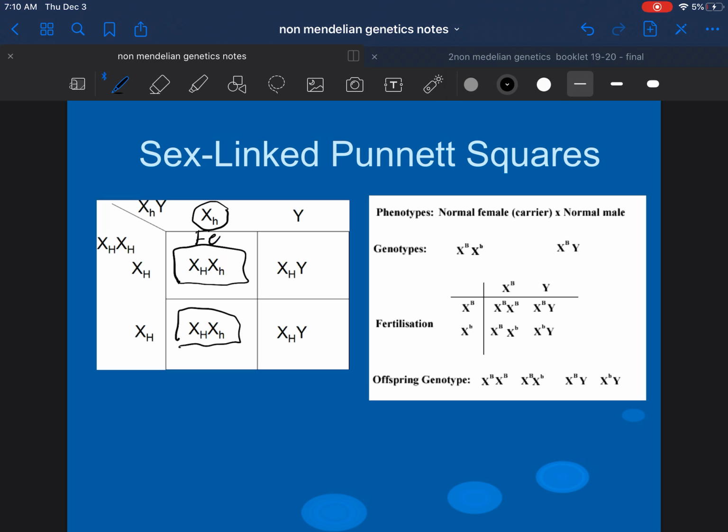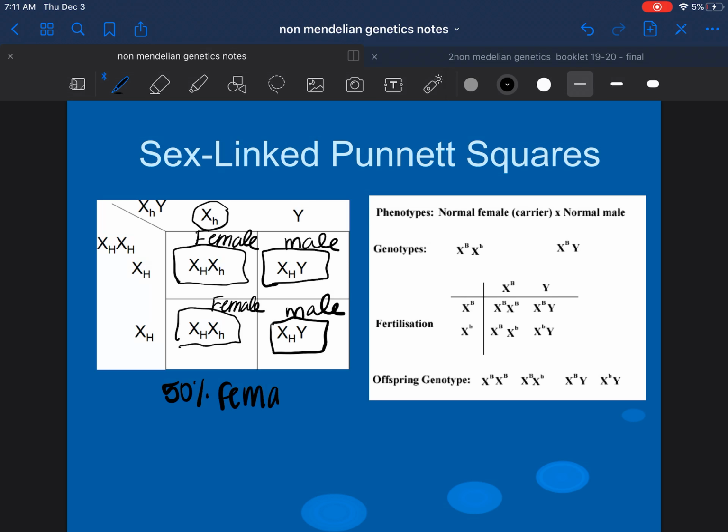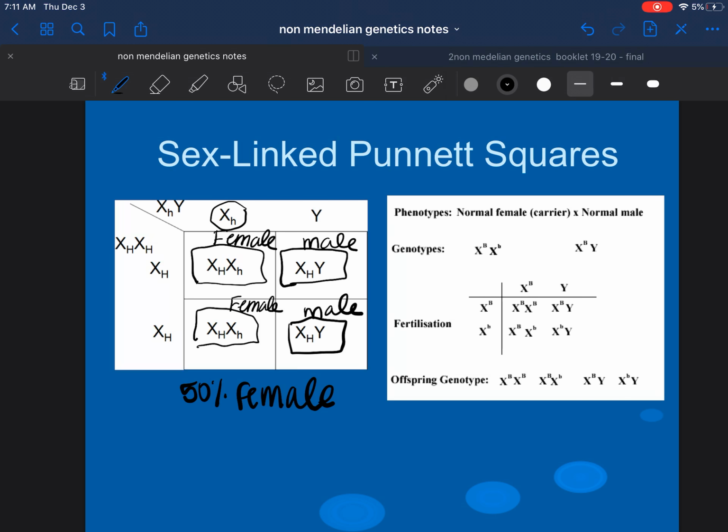So these two are females, and here we have a male and a male. It would be a 50% chance of female, and of those females, 100% would be carriers. Hopefully that clears up reading this sex-linked Punnett square a little bit.